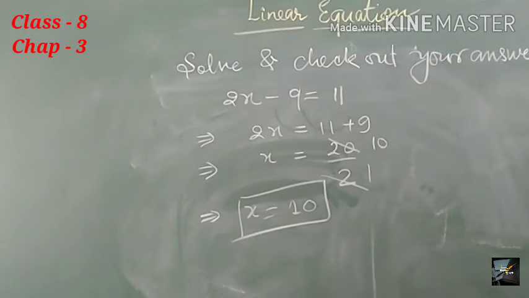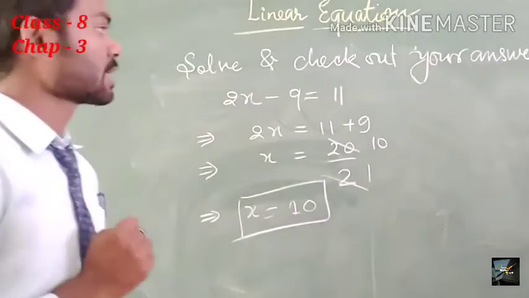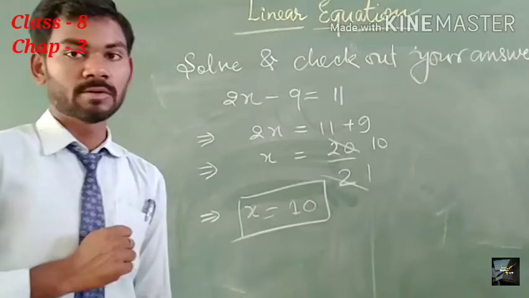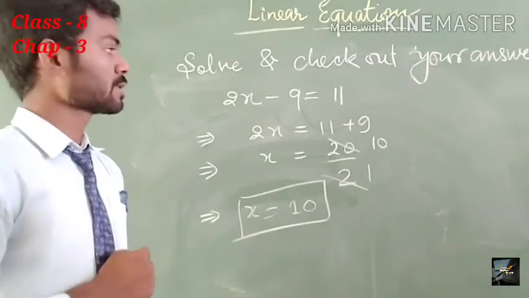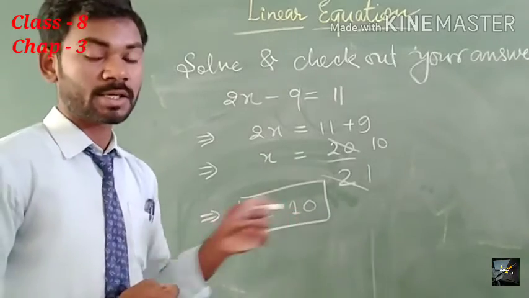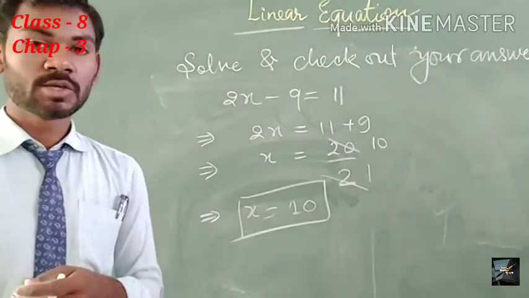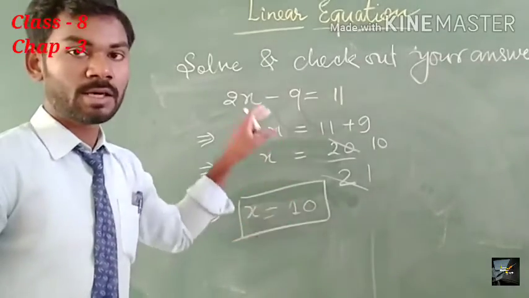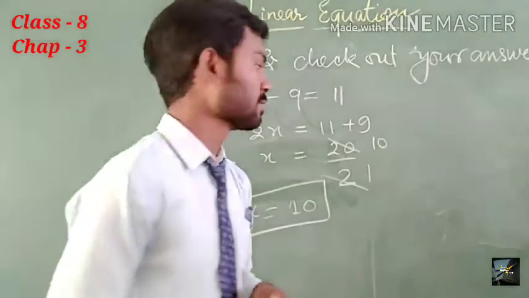But the question is not completed here, as the question says to check out your answer also. Therefore, we have to check the answer by substituting the value of x that we got, x is equal to 10, in our original question.